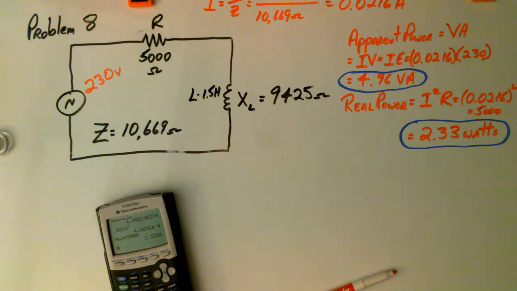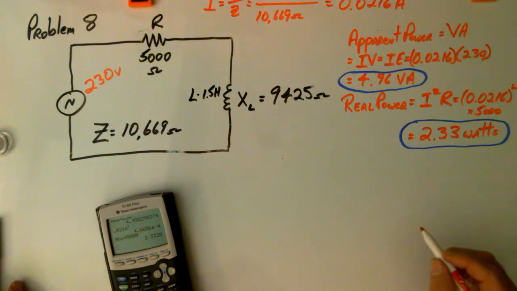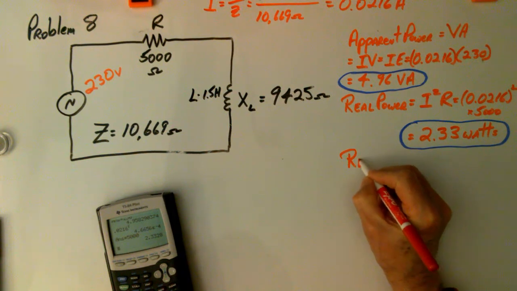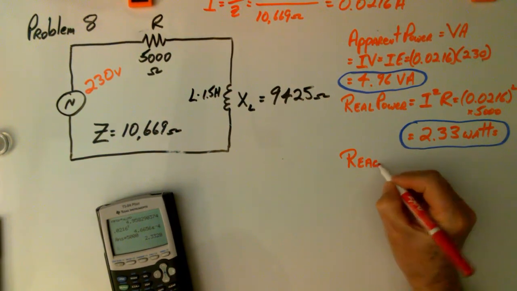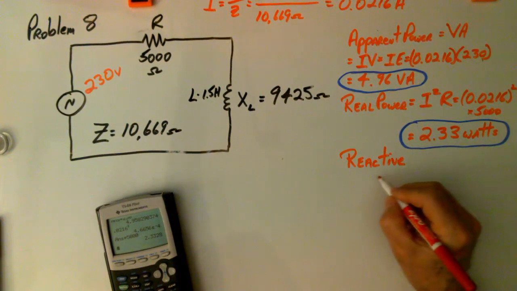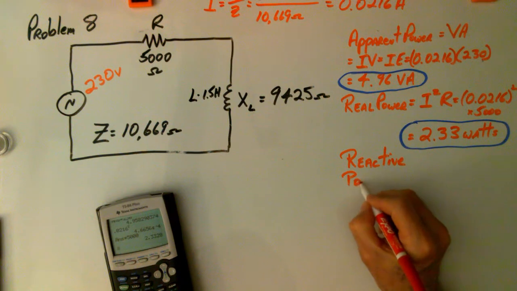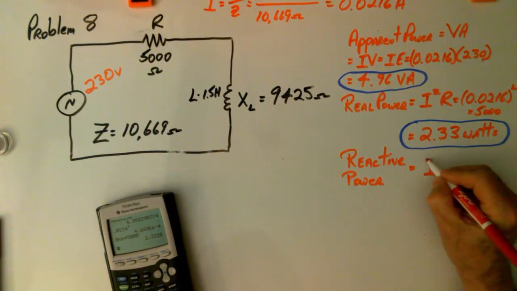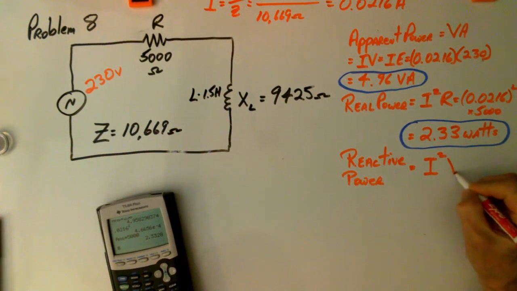And we'll just talk about, we might as well talk about it here. It's not what I wanted to do, nor is it the way I wanted you to do it, but reactive power will be equal to I squared times the reactance, and for us it's an inductive reactance.